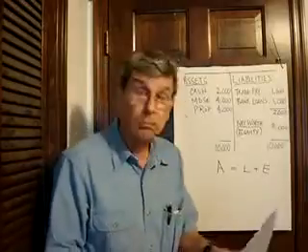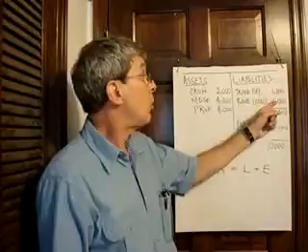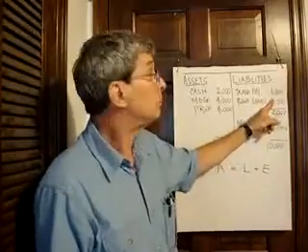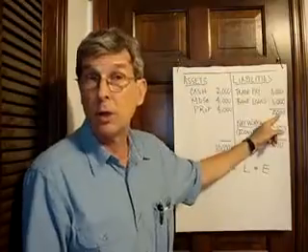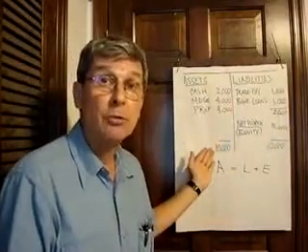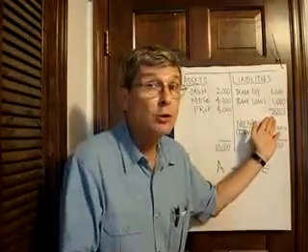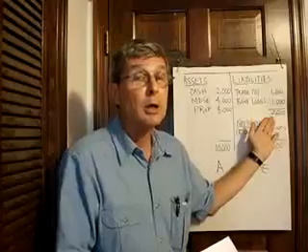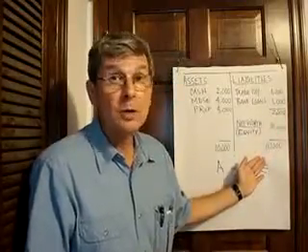Let's take another example. Let's say you, the Venetian merchant, want to pay off this bank loan. So you take $1,000 of your cash and you pay off the bank loan. How does that affect assets? Assets are going to go down $1,000. Does it affect liabilities? Yes, now your liabilities will also go down by $1,000. How about equity? Is equity affected in any way? No, not at all.